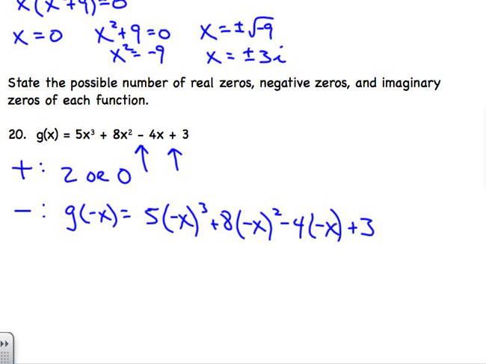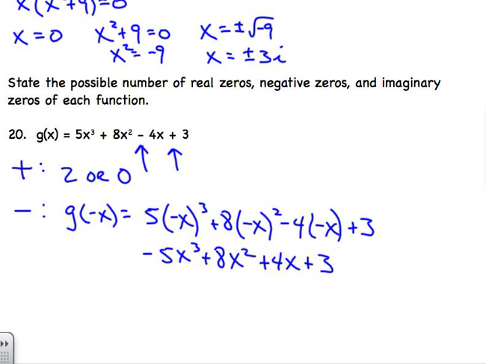Negative x cubed, 3 of them, so that is negative. A negative x squared, so 2 of them, is positive, times a positive 8 makes it positive 8x squared. A negative times a negative, so negative 4x times negative x is positive 4x. And then you have a plus 3.